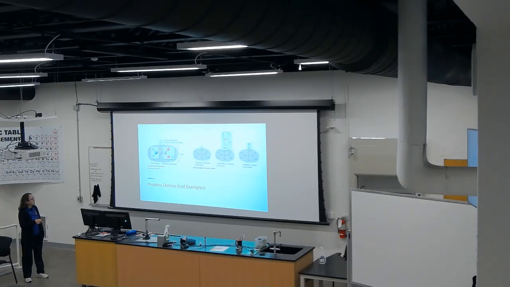So this is the core. All amino acids have this core, and they vary just based on the different R groups that they have. If you see this hydrogen, this is the R group for glycine.